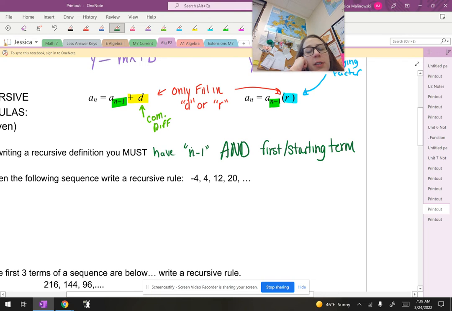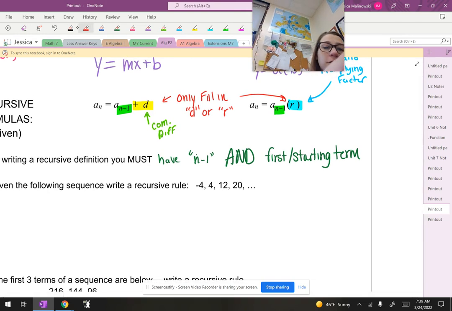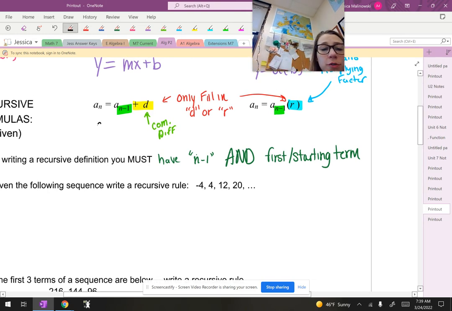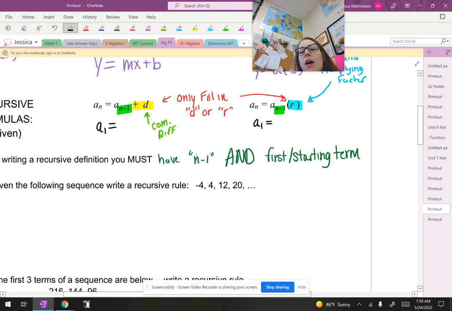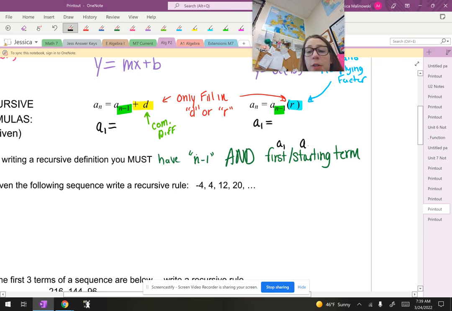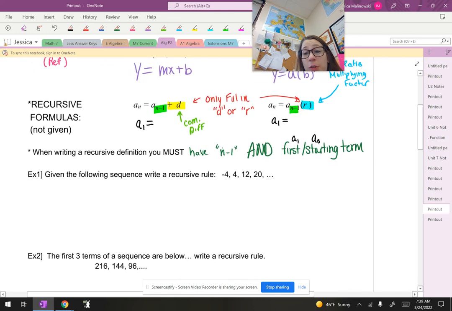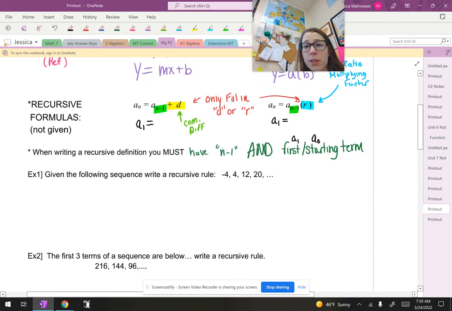And you'll see exactly what I mean. Well, actually, I can just write it right underneath here. Those recursive formulas would then tell you that a sub 1 is equal to what? You need to tell them what that first starting term is. It could be a sub 1 or it could be a sub 0. It really doesn't matter which one, as long as you're giving us something to start with.